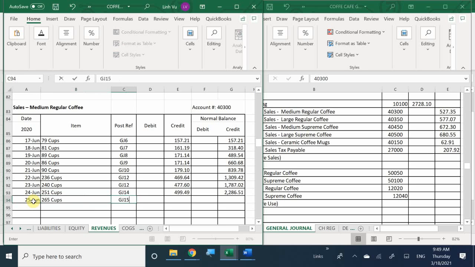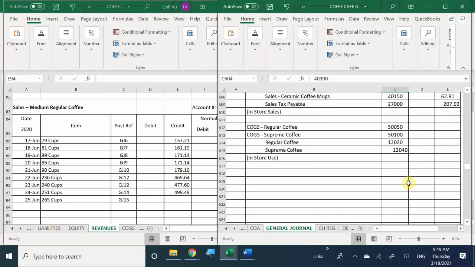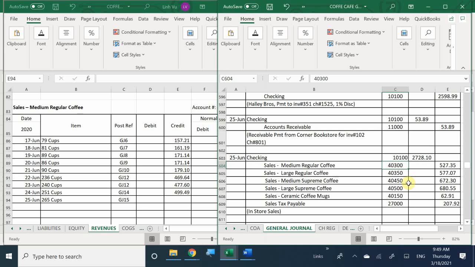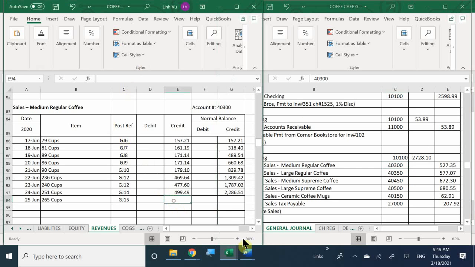General Journal number 15 for a total of 527.35. So what is my grand total here?